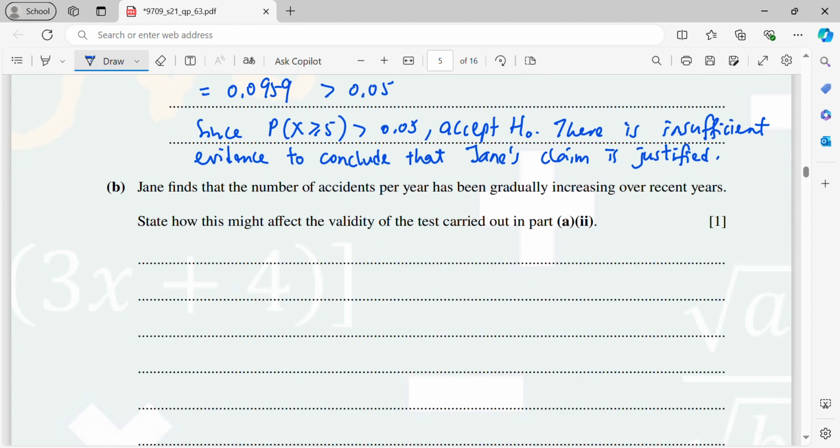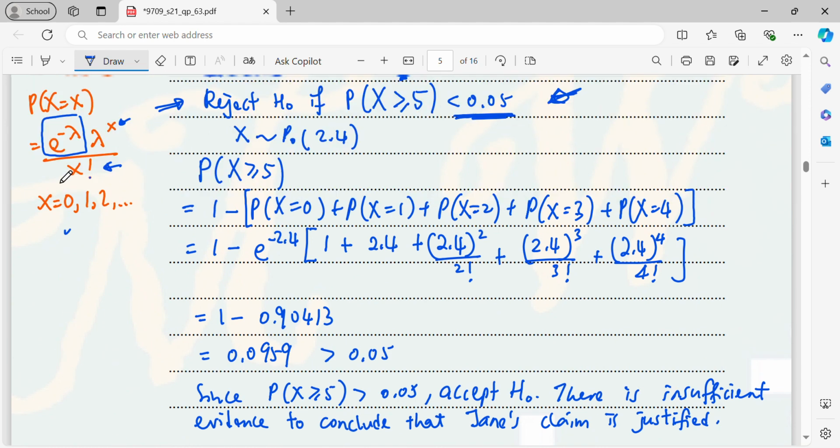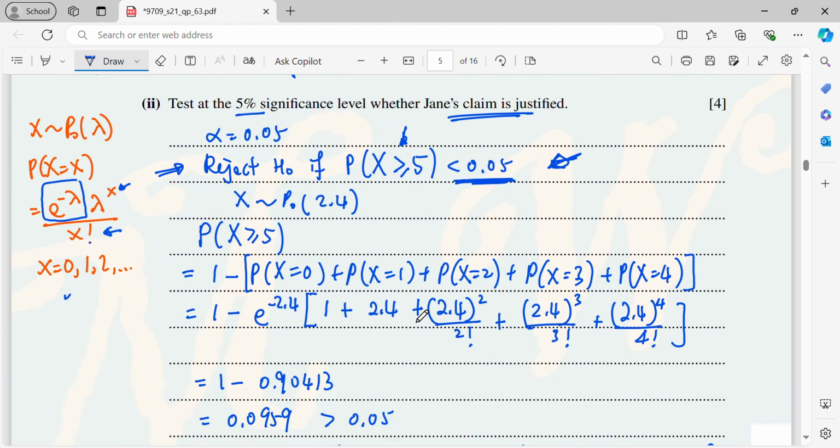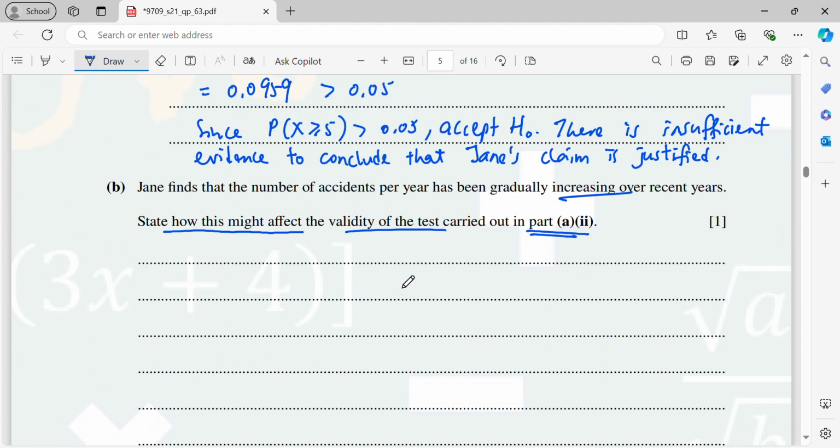Now B, Jane finds that the number of accidents per year has been gradually increasing over recent years. State how this might affect the validity of the test carried out in part A2. Okay, part A2 means the hypothesis testing, right? So because it has been increasing gradually, that means the mean is not constant, right?